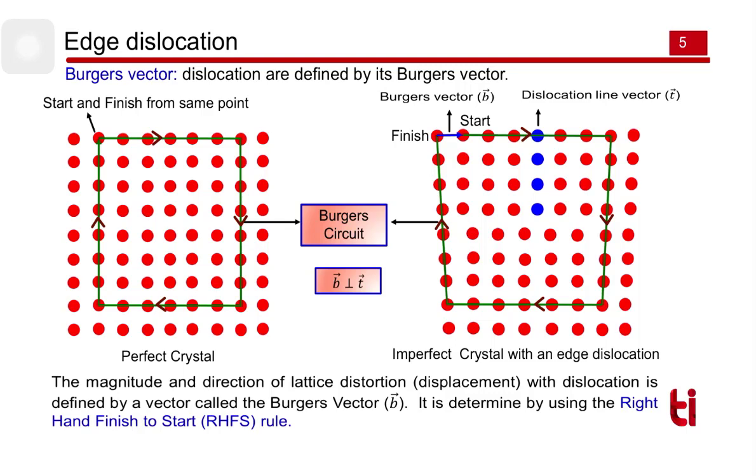We want to know how much is the magnitude of that dislocation. First, to talk about the magnitude only: if one half plane is missing, it is one dislocation. If two half planes are missing, there are two dislocations.